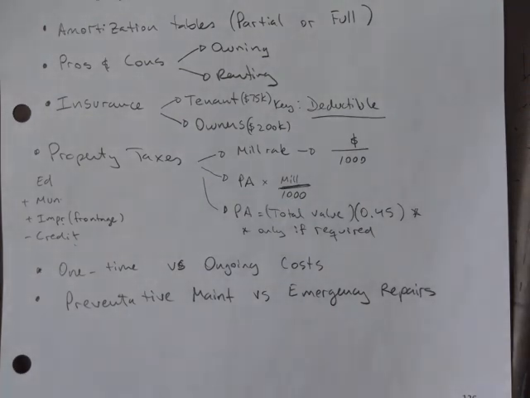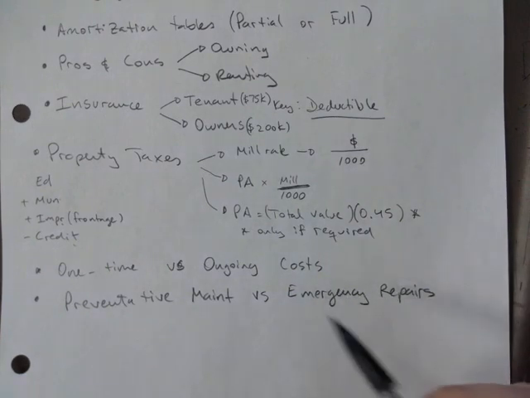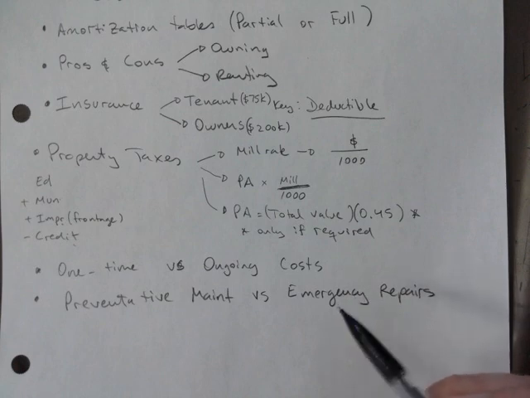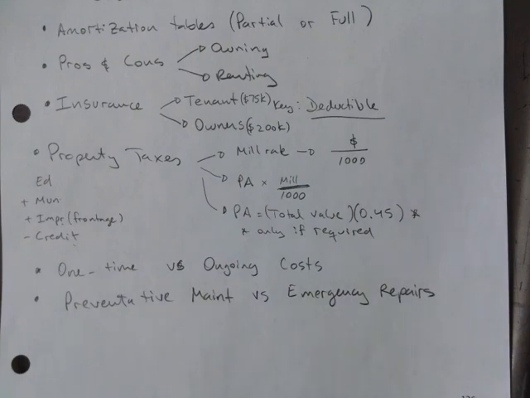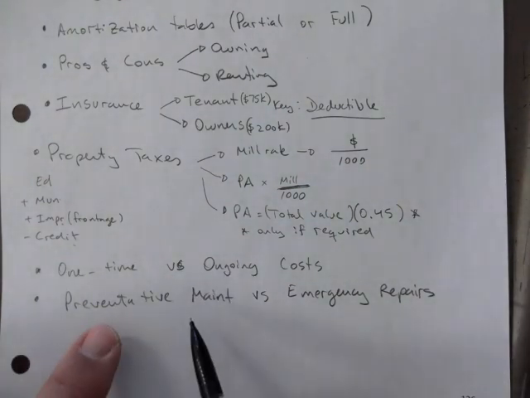You have to redo your roof. It's just more costly that way. If you don't change the filter, eventually you're going to have to replace your furnace when it's most needed. So emergency repairs are caused by you neglecting preventative maintenance. Okay, so have a couple, especially preventative.